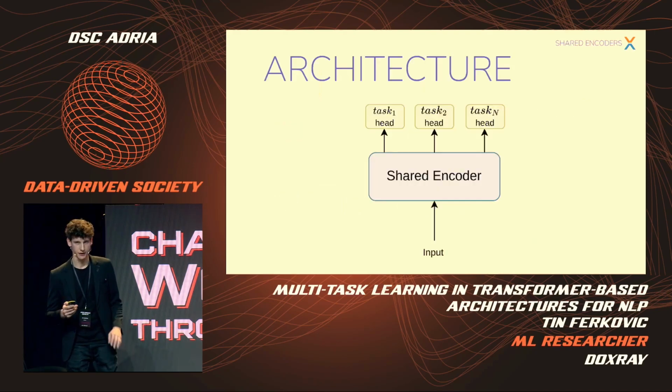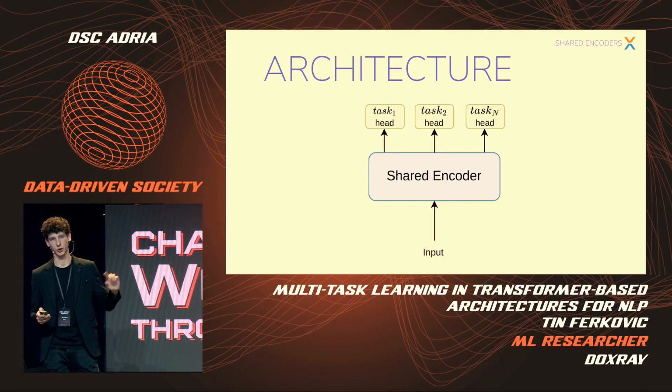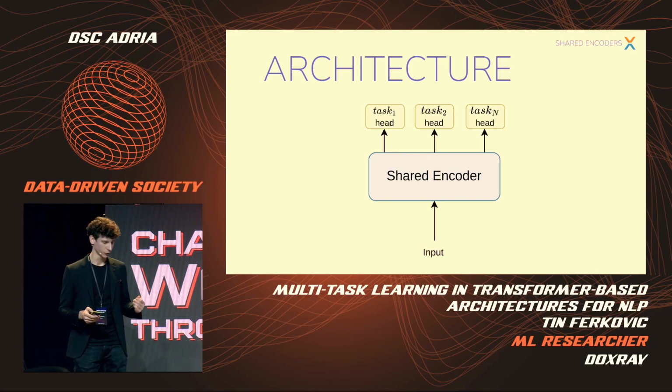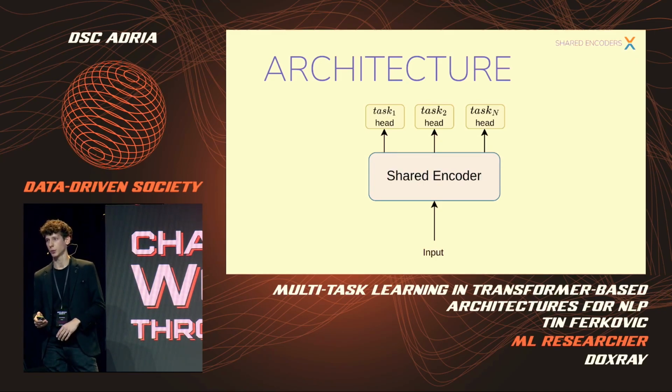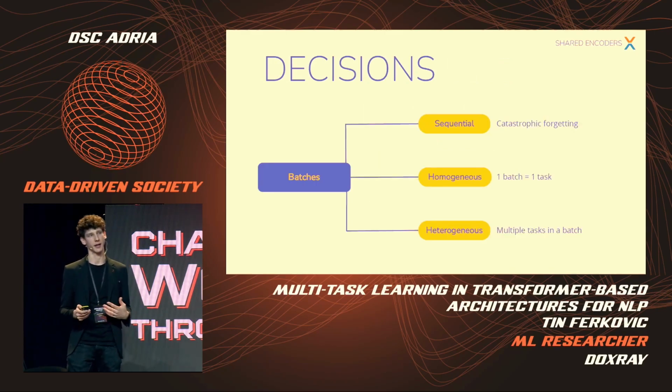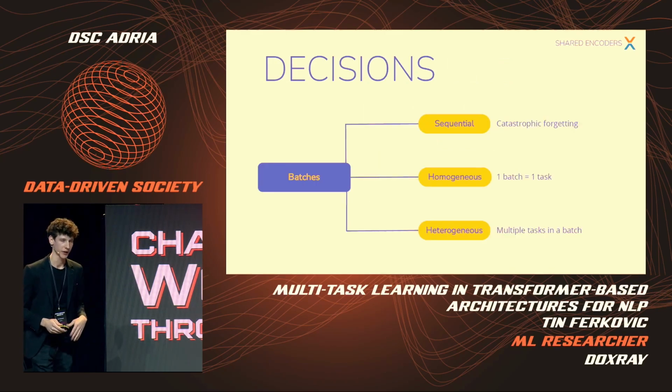The architecture, very simple. One shared encoder in blue that's updated by all the tasks, and then task-specific heads, which you activate only when you are using that specific task. Right, but with this, when you're sharing so many weights, you imagine that you have some problems, you have some decisions to make. So let's start with making the batches.